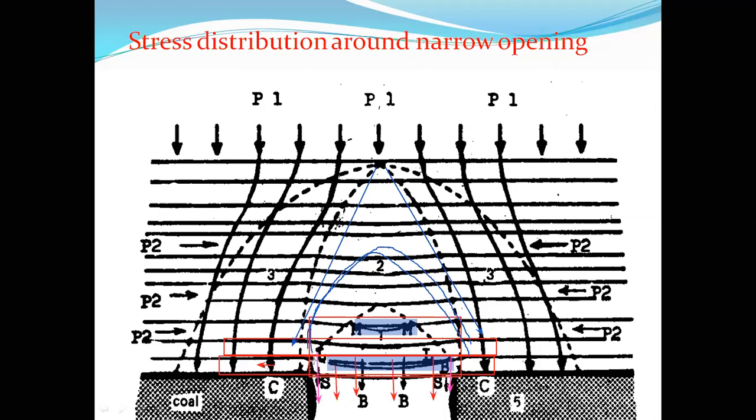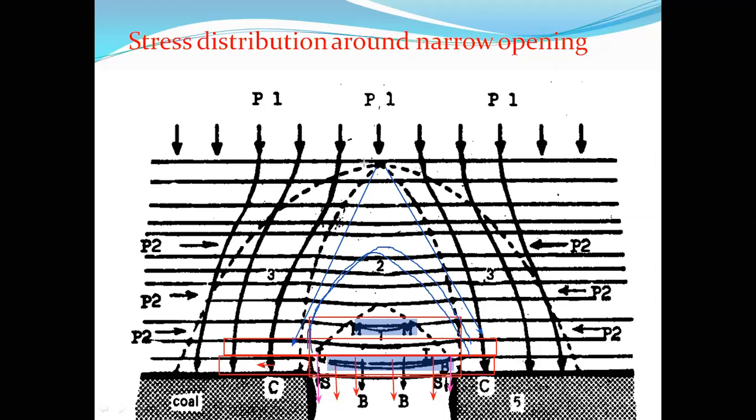These are bending forces at the edges of the opening. The top layers of strata are subjected to some kind of shear. Here it might get sheared off. So the forces acting at the edges of the opening are called shear forces.